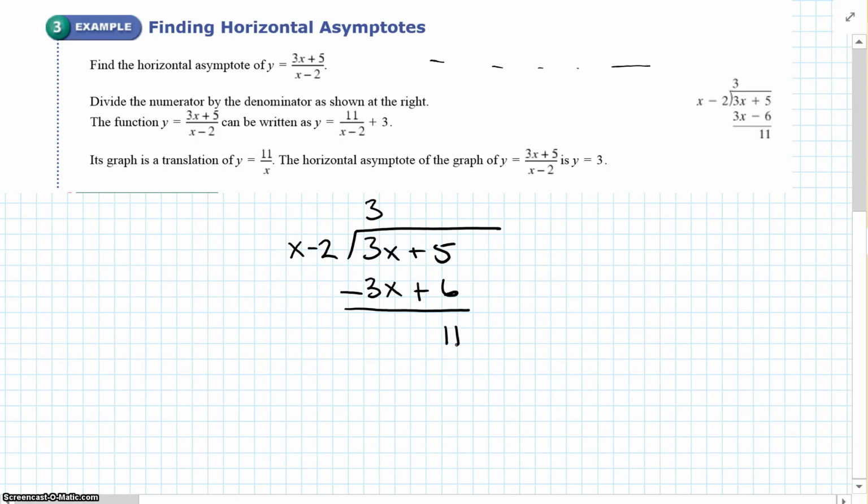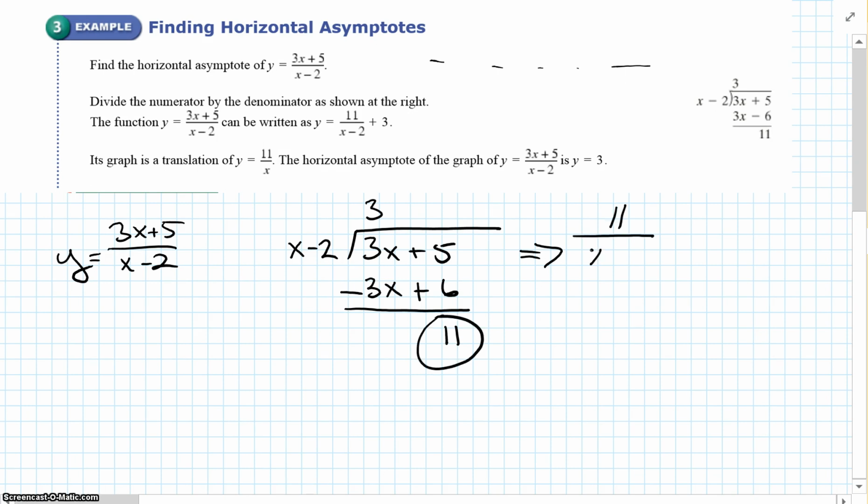Okay, so I have a remainder of 11. It went in 3 times. So I can rewrite my function, which was y equals 3x plus 5 over x minus 2. Now I can rewrite it as, what's my remainder? That goes on top, so it becomes 11 over x minus 2 plus whatever my divisor was, 3.